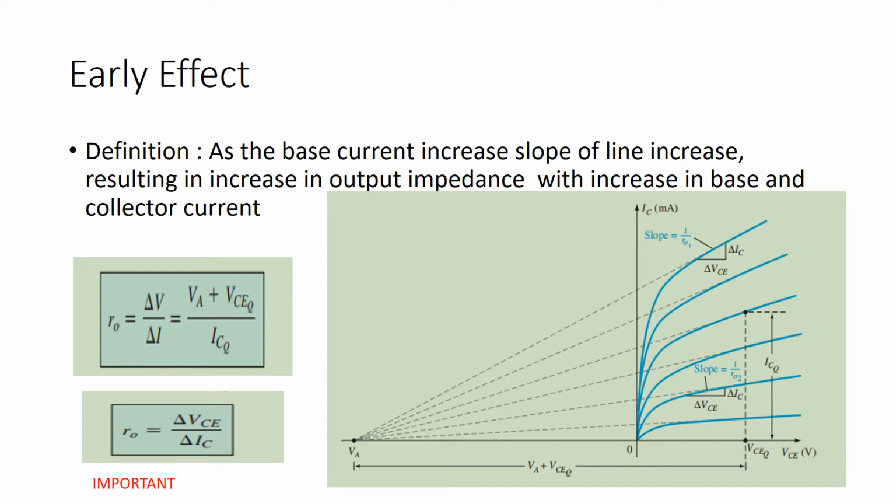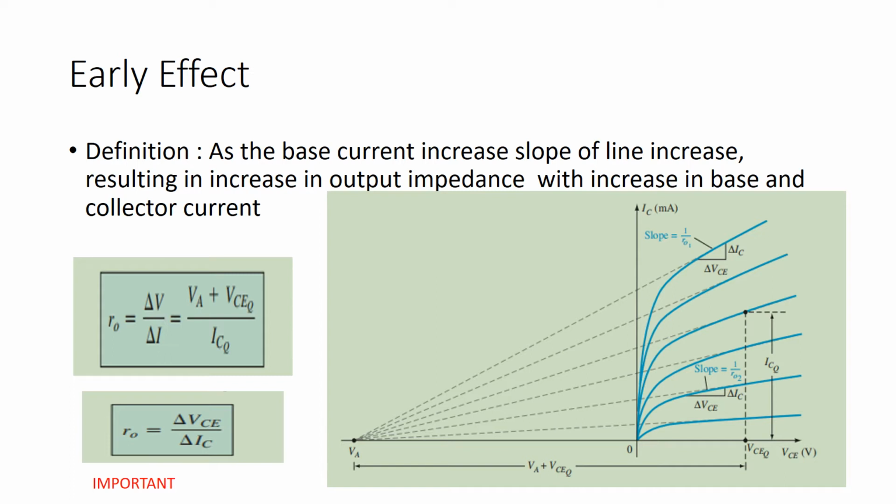When your operating point moves from the active region to either saturation or cut off due to instability in the circuit, you will find that the output impedance is also rising with the increase in collector current and the collector to emitter voltage. So this effect is called the early effect.